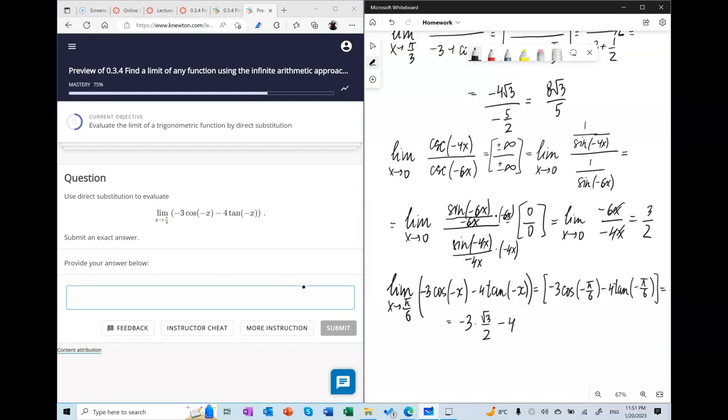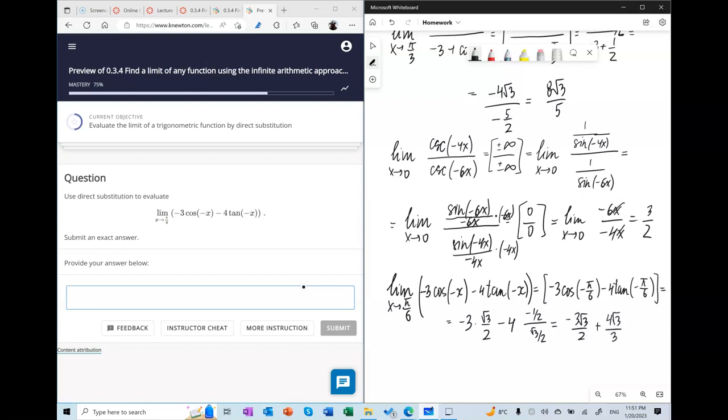Tangent of negative pi over 6 is sine of negative pi over 6 divided by cosine. So sine of negative pi over 6 is 1/2, and cosine is √3/2. So we just need to simplify this. Negative 3√3/2 plus 4 divided by √3.